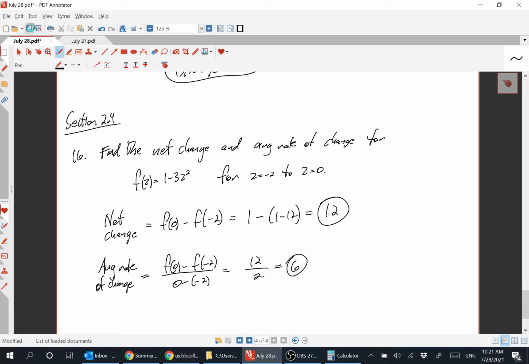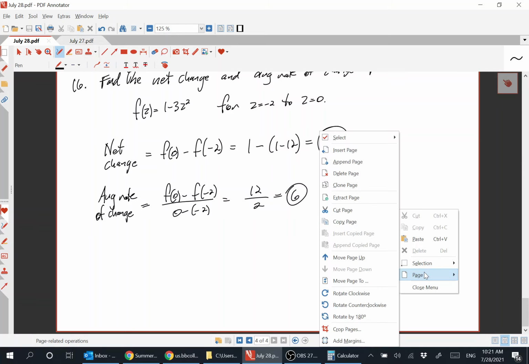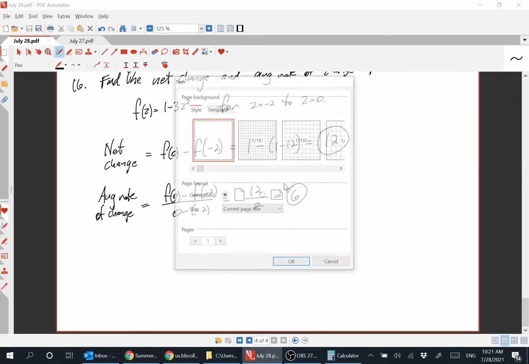So the net change is just the difference in the functional values, and the average rate of change is the difference in the functional values divided by the difference in the arguments. And the thing to remember about average rates of change is that if you have a linear function, the average rate of change is just a slope.